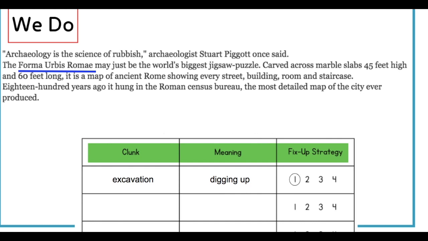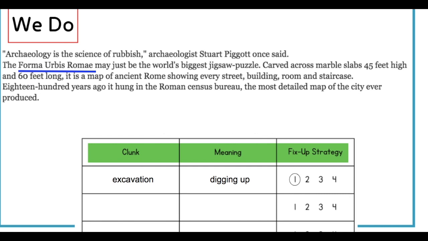Carved across marble slabs 45 feet high and 60 feet long, it is a map of ancient Rome showing every street, building, room, and staircase. Oh, so it's something that is carved on a marble slab and it shows a map of Rome.